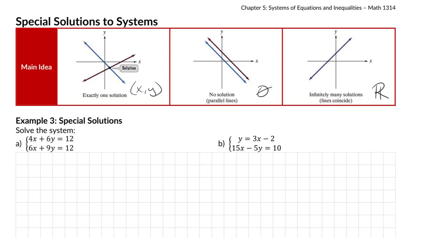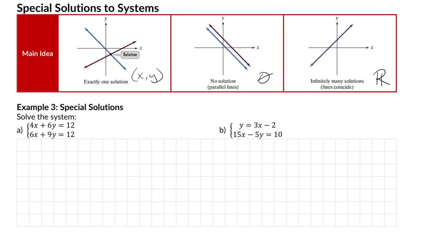So let's see two examples that will have special solutions to the system. Now, notice there are no instructions on how to solve the system. This becomes mathematician's choice. So unless I tell you exactly how I want you to solve it with substitution or addition/elimination, you get to pick, but choose wisely because there are efficient and inefficient ways to solve a system.